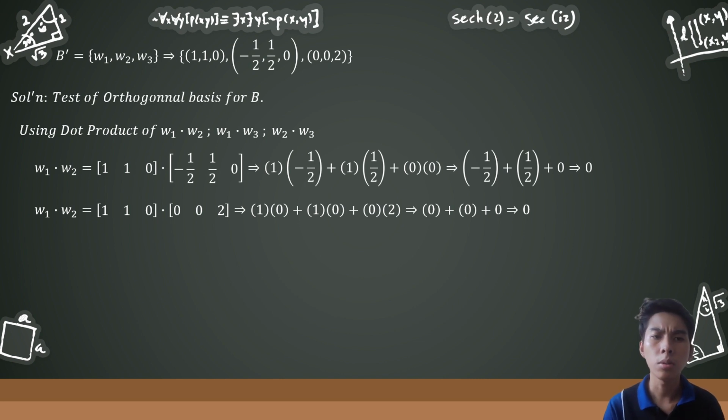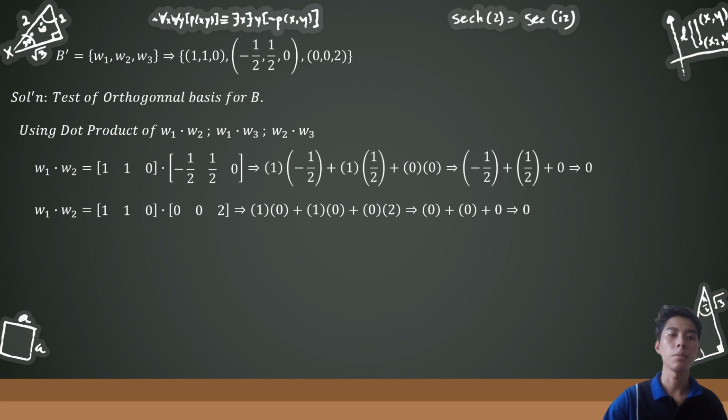So how do we operate the dot product? Simple. We just multiply each element. We multiply the first element of each vector, plus the product of the second element of each vector, plus the product of the third element of each vector, and this must be equal to 0.